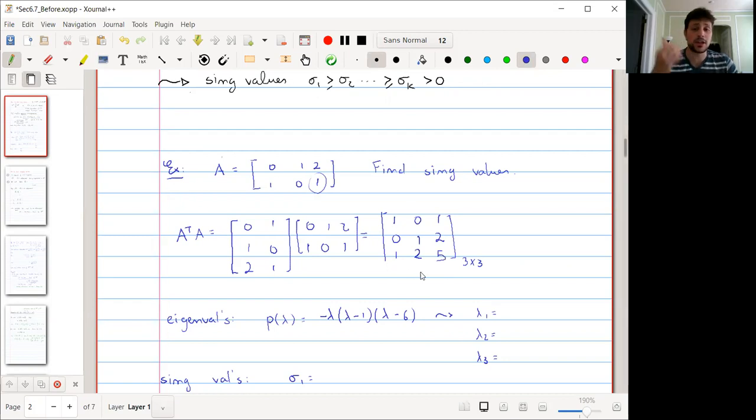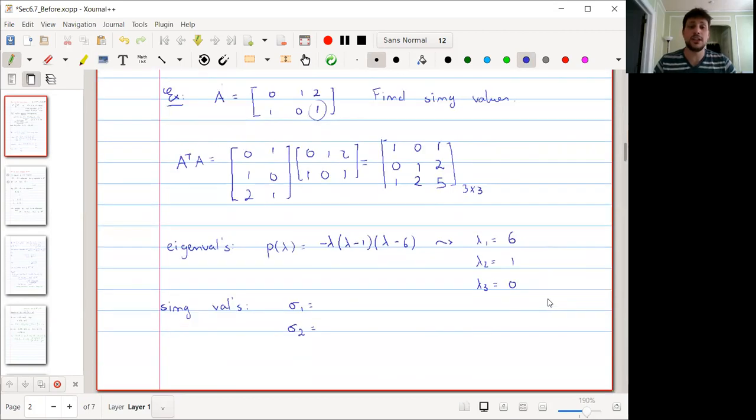Now, if you compute the characteristic polynomial of this, you'll see that you get the following polynomial: minus lambda times lambda minus 1 times lambda minus 6. So the eigenvalues, and I'll write them in order from the biggest to the smallest, are 6, 1, and 0. The singular values attached to it are going to be the square roots of the positive eigenvalues.